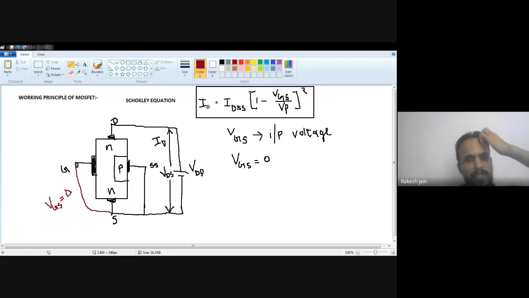What will happen? We know very well that in the N semiconductor, the majority charge carriers are electrons. They are negative charge carriers, and because the drain is connected with the positive terminal of the battery, they get attraction towards the drain terminal.